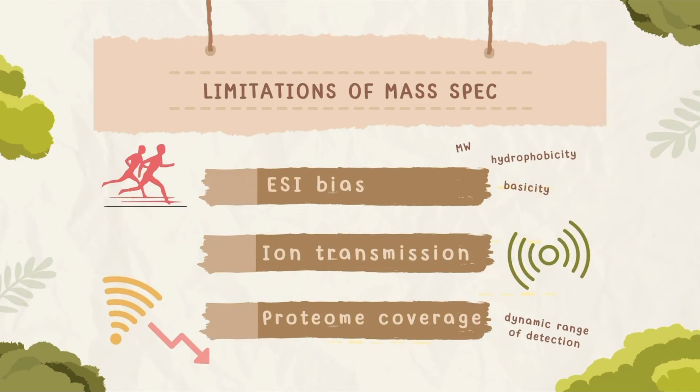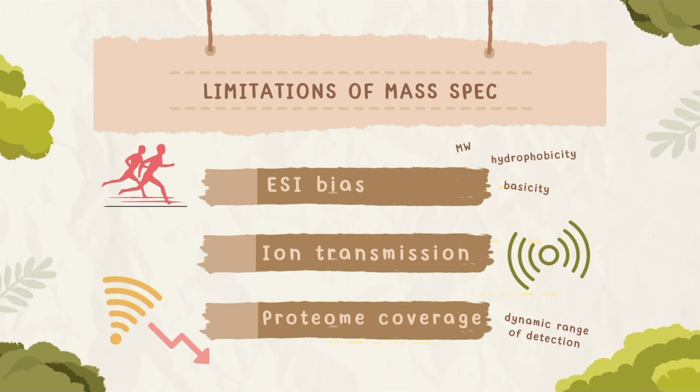Mass spec also has several limitations as listed here. First, varying physicochemical properties like molecular weight, hydrophobicity, and basicity of the resulting proteolytic peptides could affect the efficiency of transmission and fragmentation, thereby affecting the ESI response. In this regard, the better ionizing peptide generates a higher ESI response than others.